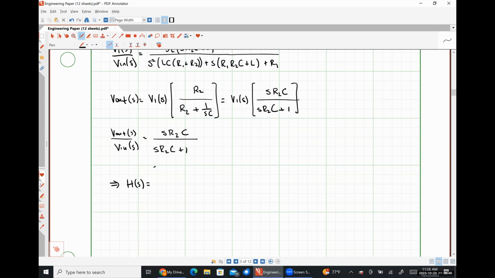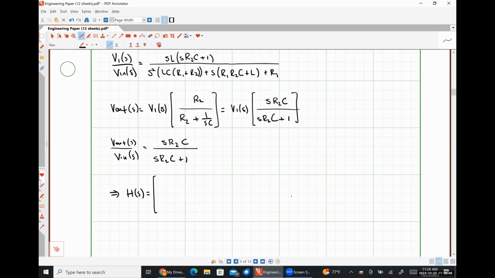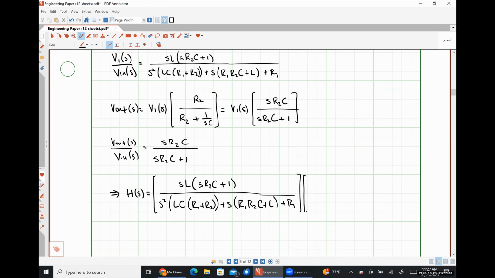And from this, my overall transfer function, H of S, is just these two transfer functions multiplied by each other, right? So SL times (SR2C plus 1) divided by S squared LC (R1 plus R2) plus S (R1 R2 C plus L) plus R1, multiplied by SR2C over SR2C plus 1.